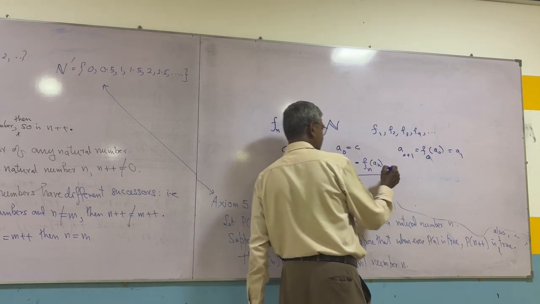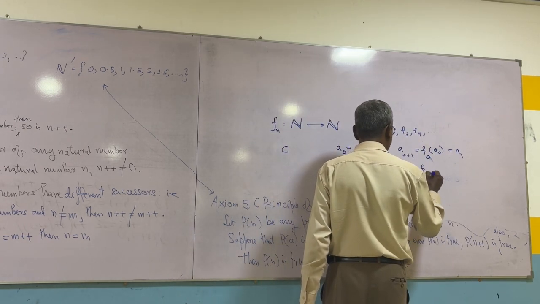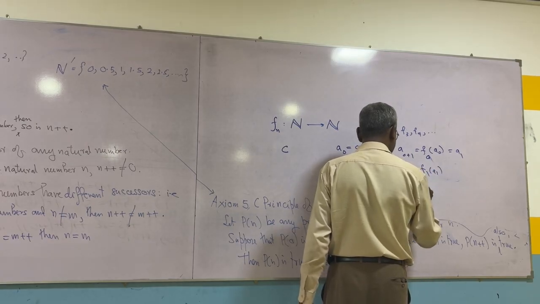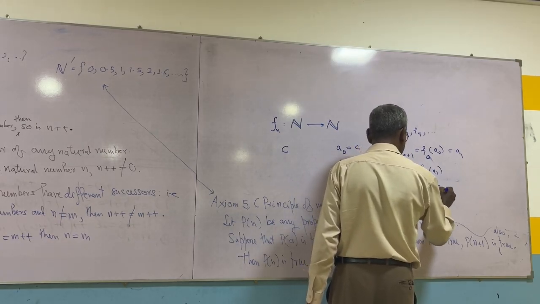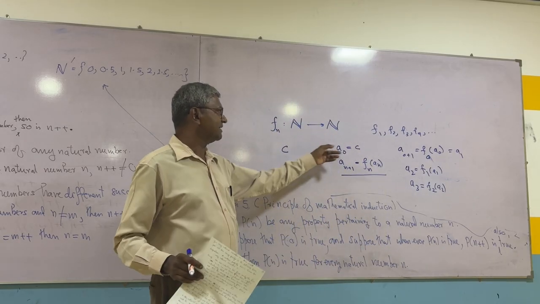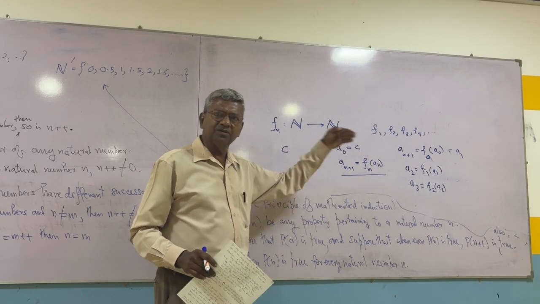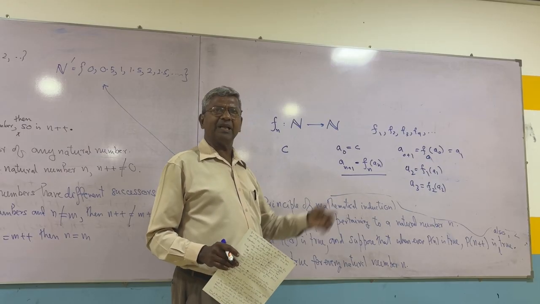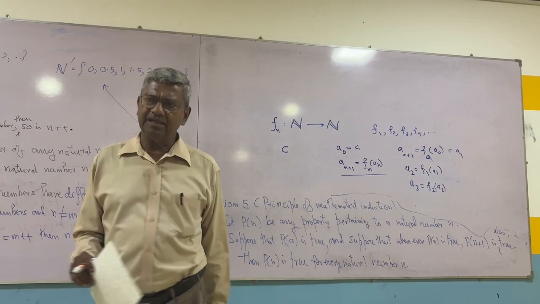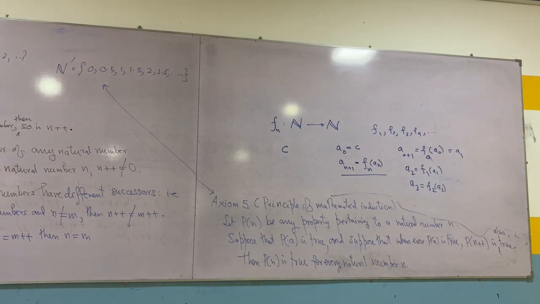This way a2 is f1 of a1, and a3 is f2 of a2. Can you see? The first one is given, the other ones you have to apply recursively. You get a1, a2, a3 and so on. So this is a recursive definition. We are in an analysis class. Analysis classes are full of sequences of functions, sequences of numbers, and so on. So recursive definitions are there everywhere.